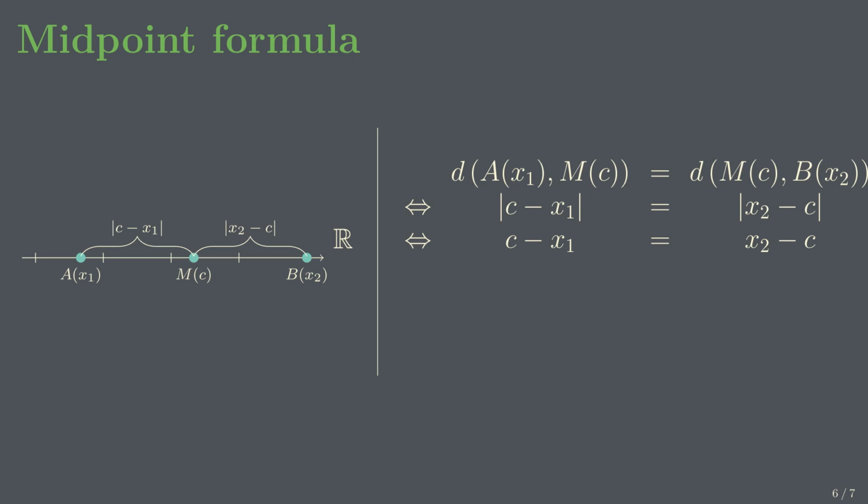For that reason, we can expand the equation and get rid of the absolute sign. So we have C minus x1 equals x2 minus C, and we can easily deduce that C is (x1 plus x2) over 2. Right? So this is the formula to find the midpoint coordinate.